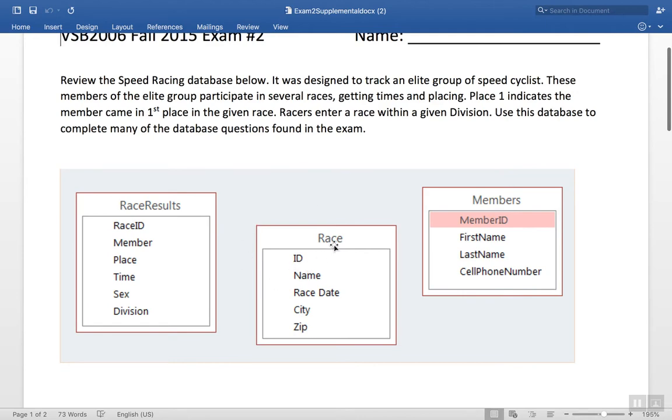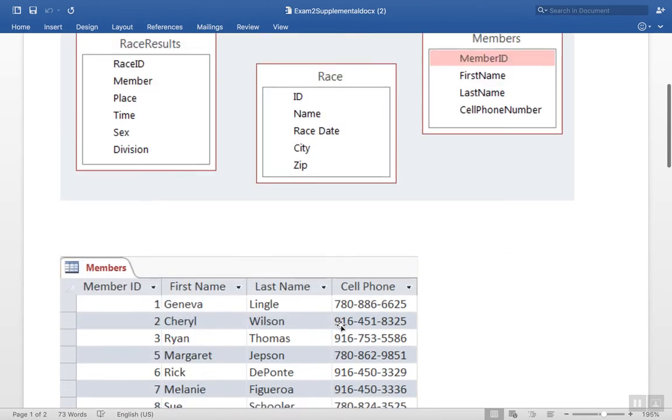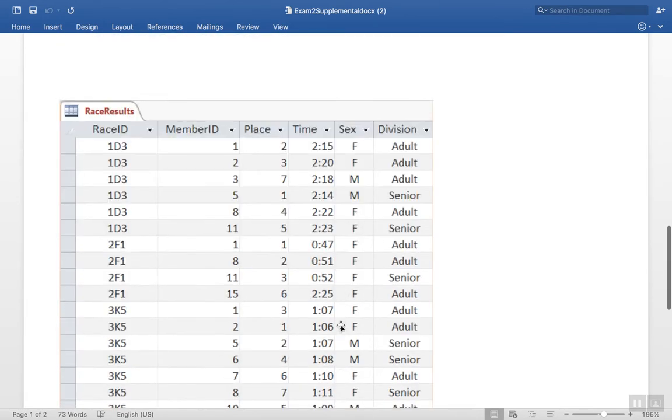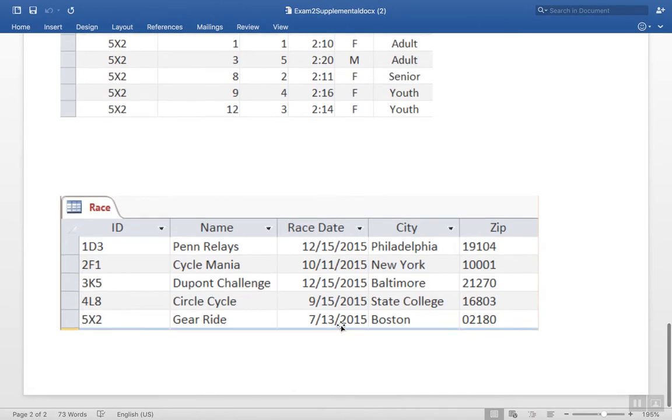So we're going to look at the race table here. When we look at the race table, what we see is there are one, two, three records in the database where the zip code begins with the number one.